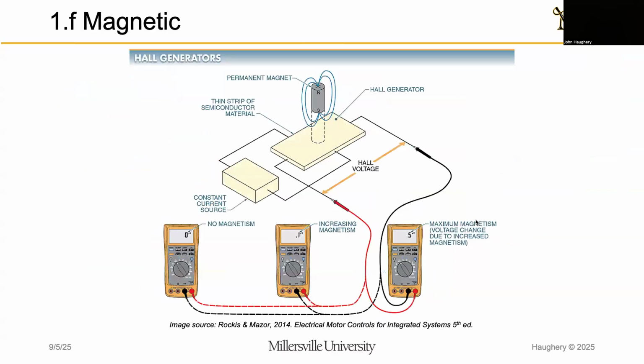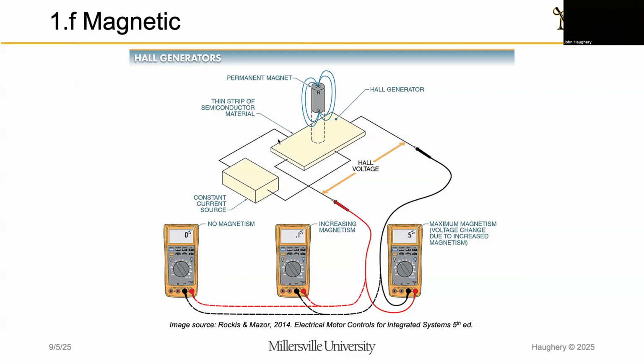The next one is specifically a magnetic sensor, and more specifically a Hall effect sensor. And so a Hall effect generator is a type of device that has a quartz substrate, so a thin piece of semiconductor, usually quartz.